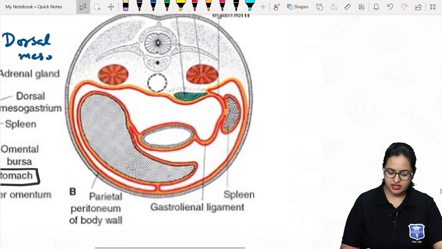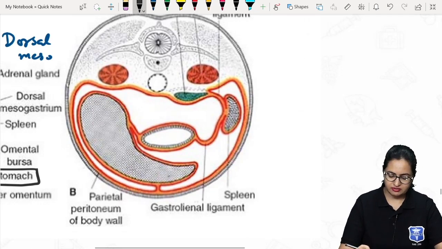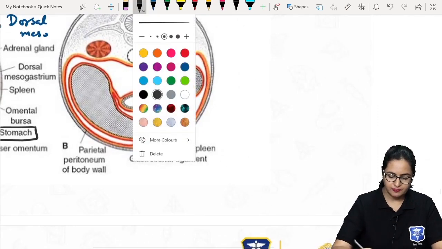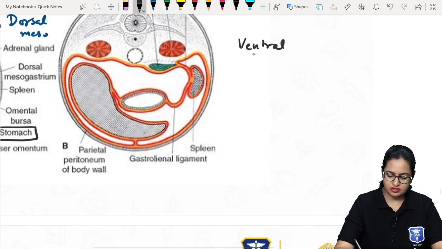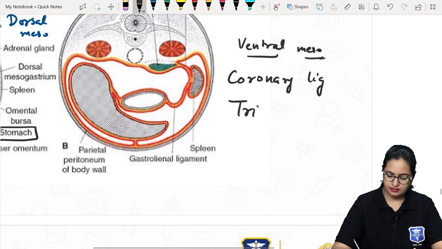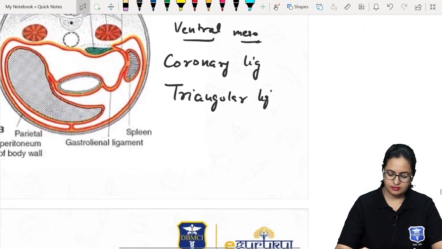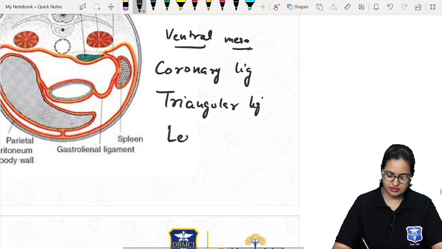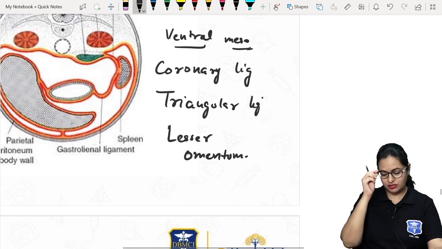The ventral mesogastrium gives rise to the various ligaments around the liver, like the coronary ligament and the triangular ligament, and apart from this, the lesser omentum.